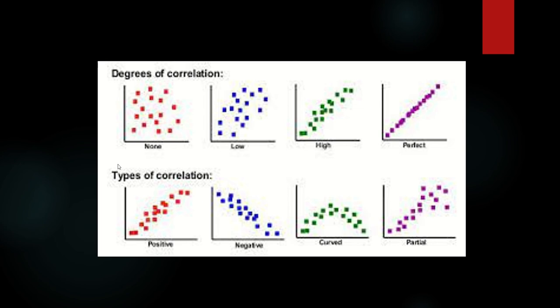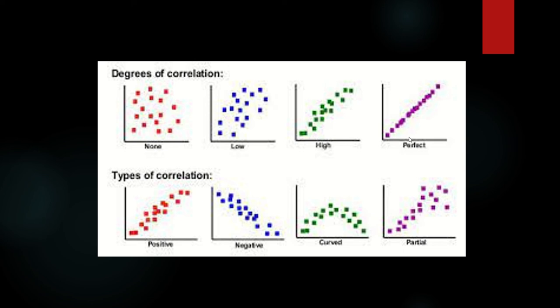We can see some more measurements. Here is an example of non-correlation. Since these are not very close, we say there is a low correlation. Here these are really close, so it is a high correlation.